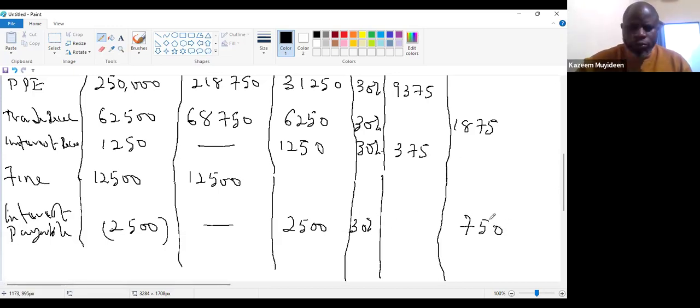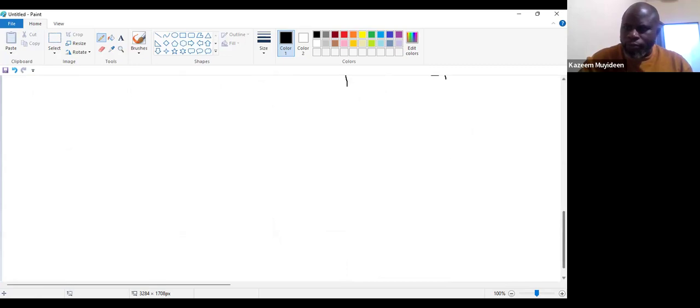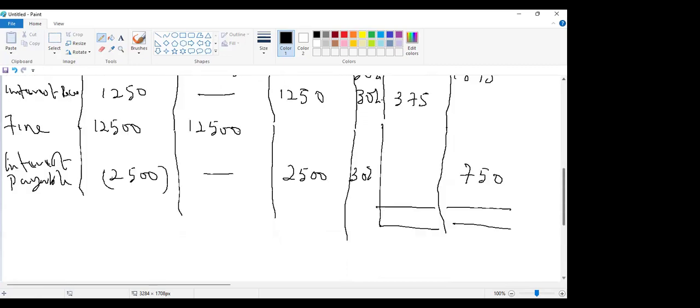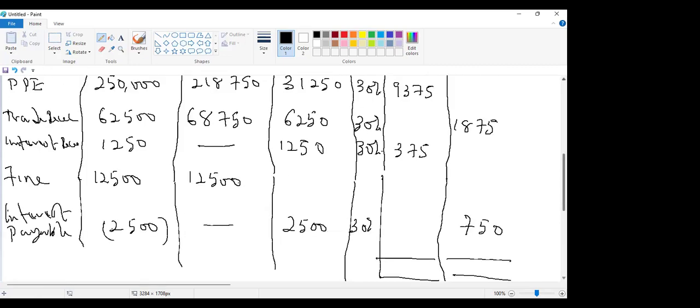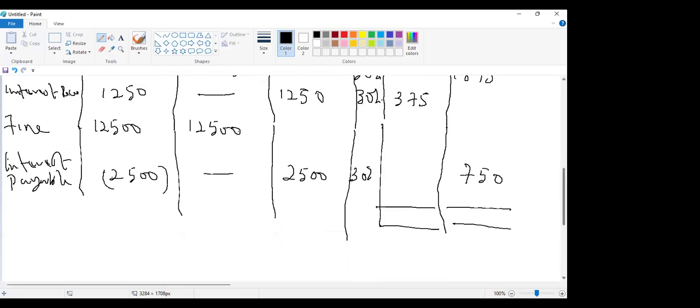So be careful. No other items again. I will sum. What does it give us? The asset is 2,625.